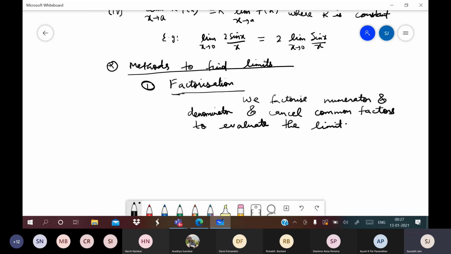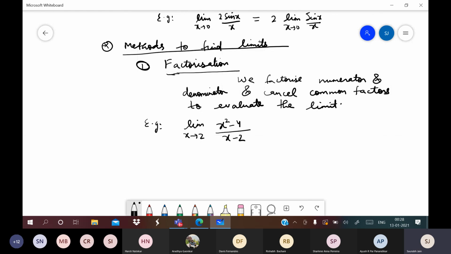Now to explain this method, I will once again take the example of the first class where we evaluated this limit with the help of a table, and then later on with the help of the definition of limit, which is by finding LHL and RHL. Now we are going to find it using factorization. Someone even mentioned, can't we simply cancel the factor and then put the limit?